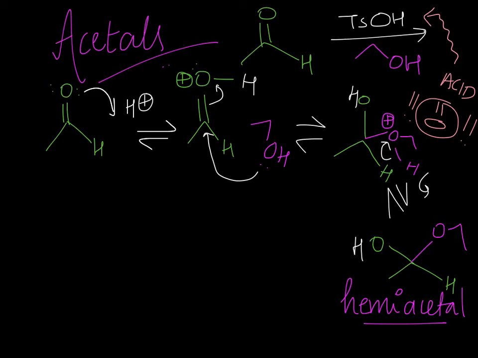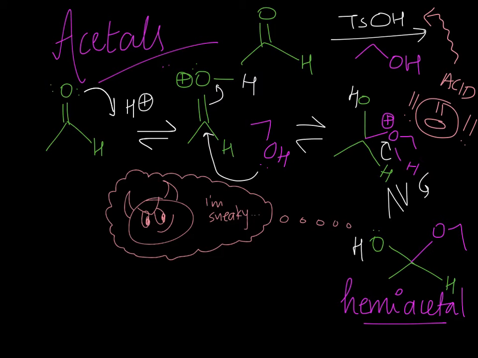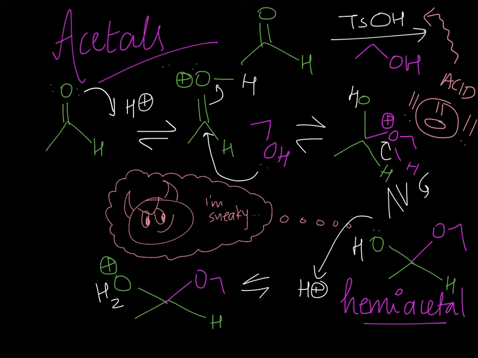But wait a second, didn't we talk about a hidden leaving group? Where's that leaving group? Well, this oxygen has now reached this point, and now we can actually make it a leaving group. Sneaky, sneaky. So now this hidden oxygen can go and grab another hydrogen from the solution and become the leaving group. And voila! There's your leaving group.